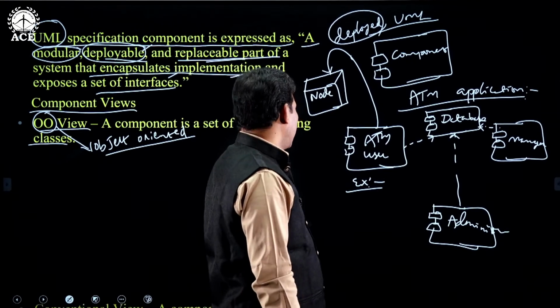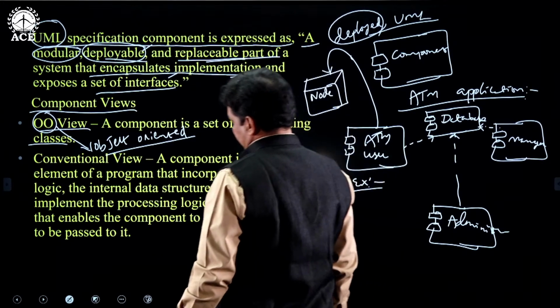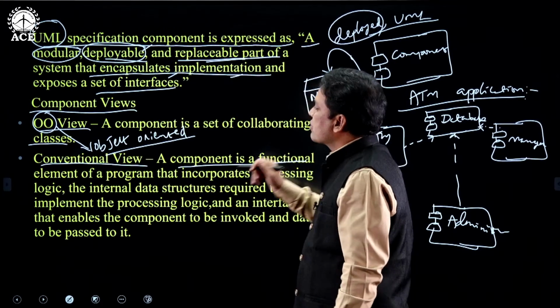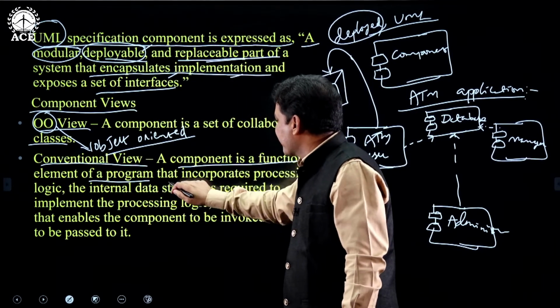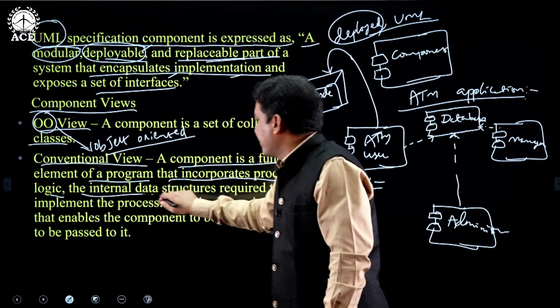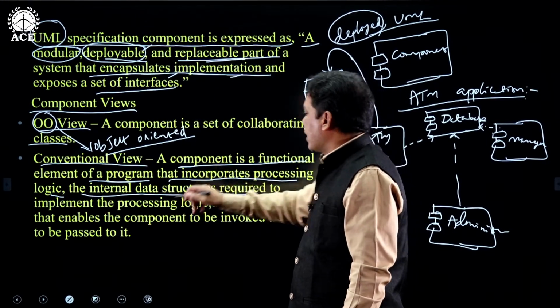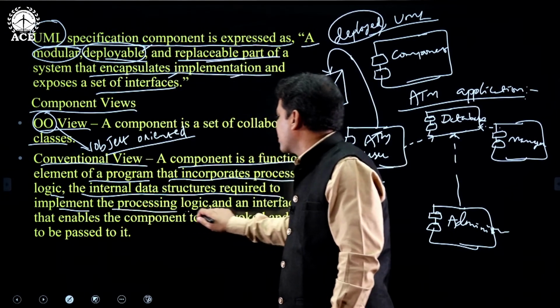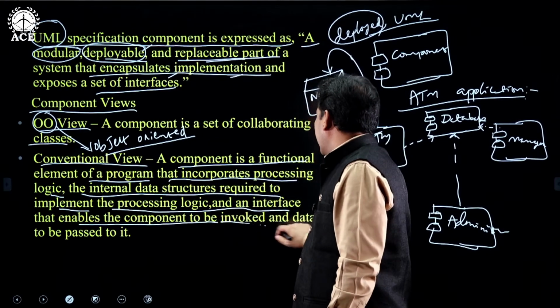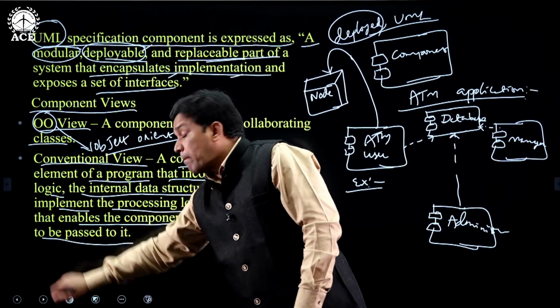So what is the graphical representation of class and all? We'll discuss it anyhow. Conventional view: a component is a functional element of a program that incorporates processing logic, the internal data structures required to implement the processing logic, and an interface that enables the component to be invoked and data to be passed to it.